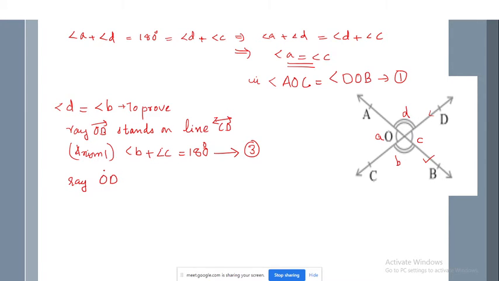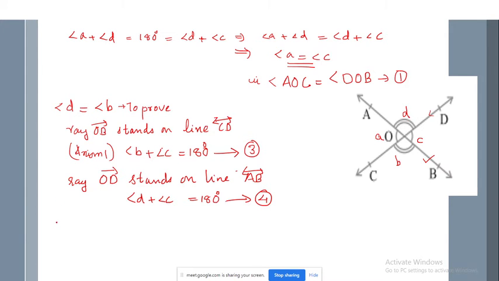Okay, ray OD stands on the line AB. So can you apply the linear pair axiom here? Angle D plus angle C is equal to 180 degrees. Yeah, angle D plus angle C is equal to 180 degrees. So I will mark this as equation 4.